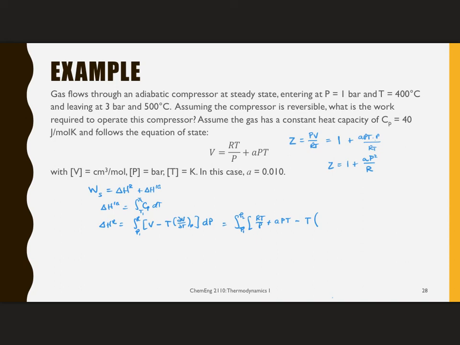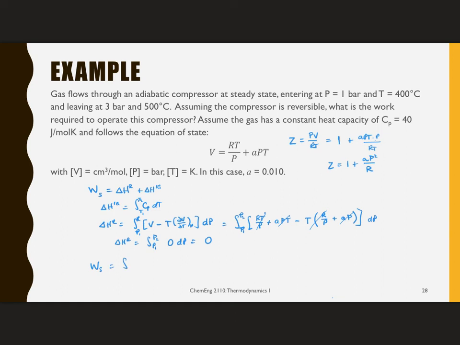All that's varying is T, so R over P plus A times P, dP. All right, RT over P, those cancel out. APT minus APT, those cancel out. Therefore, delta H residual is equal to the integral from P1 to P2 of 0 dP, therefore 0.